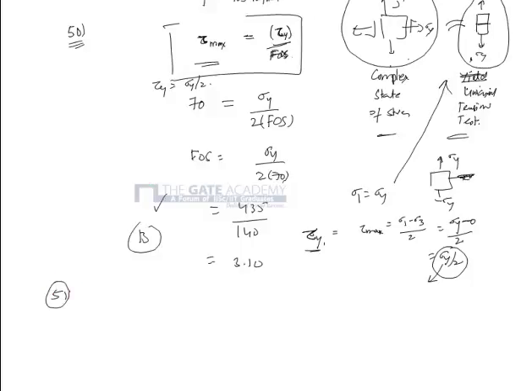Now let's discuss question number 51, where they have asked us to use the distortion energy theory, or the von Mises theory, where in a complex state of stress you calculate the von Mises function and then equate it to the equivalent thing in yield strength.